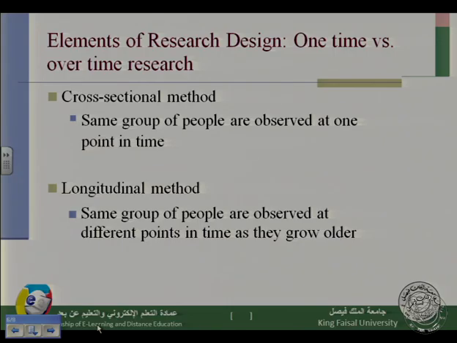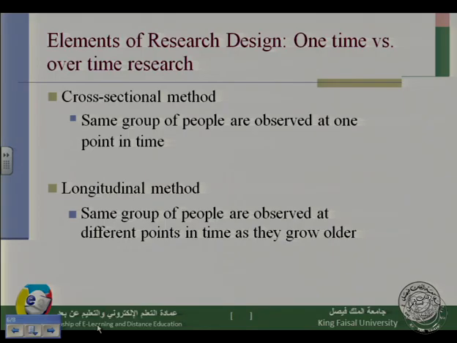Because they have been through the same education process, the same teaching materials, the same teachers. So I would expect that these 6-year-old students would be similar to these students. So you conduct your research at the same time, but with different people that are thought to be similar. This is called the cross-sectional method.